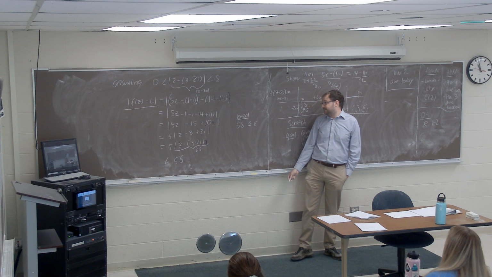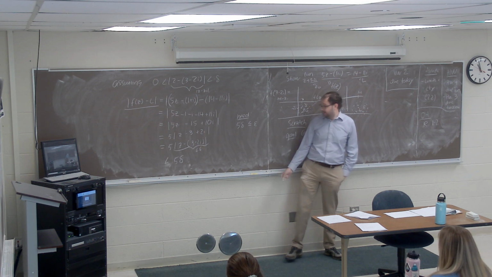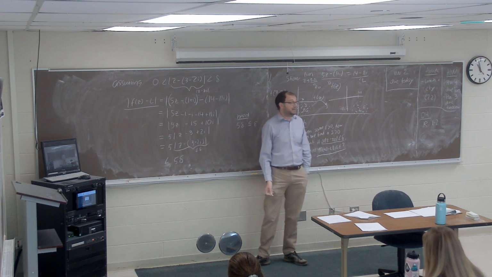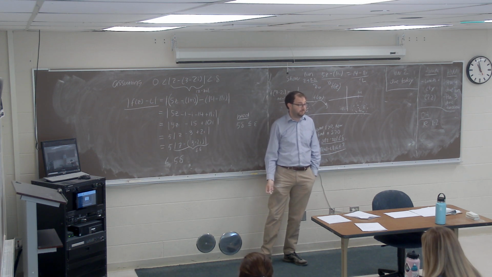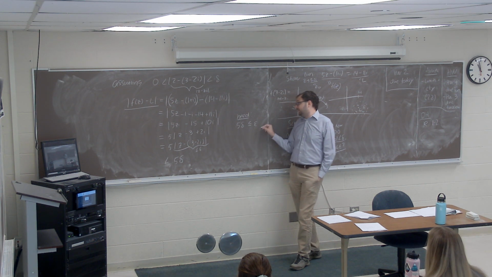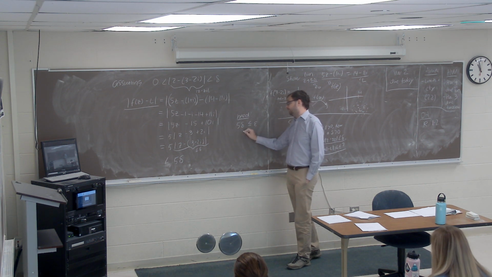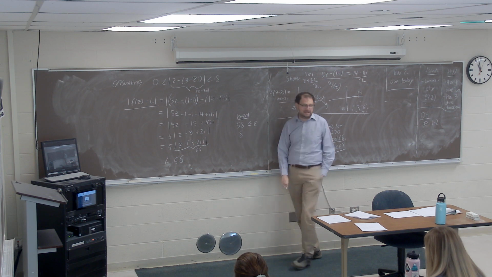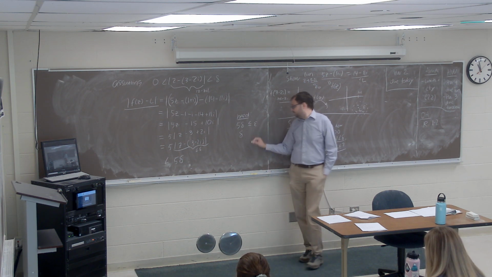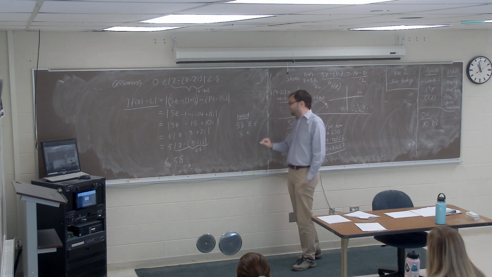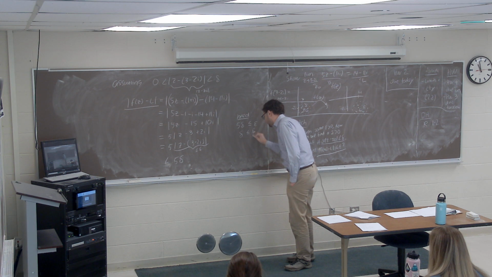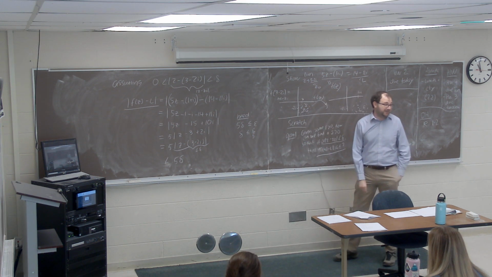Because if 5 delta is less than or equal to epsilon, then that, which is less than that, would also have to be strictly less than epsilon. And if we need 5 delta to be less than or equal to epsilon, Caleb, what does that tell us about delta by itself? It has to be less than or equal to epsilon over 5.